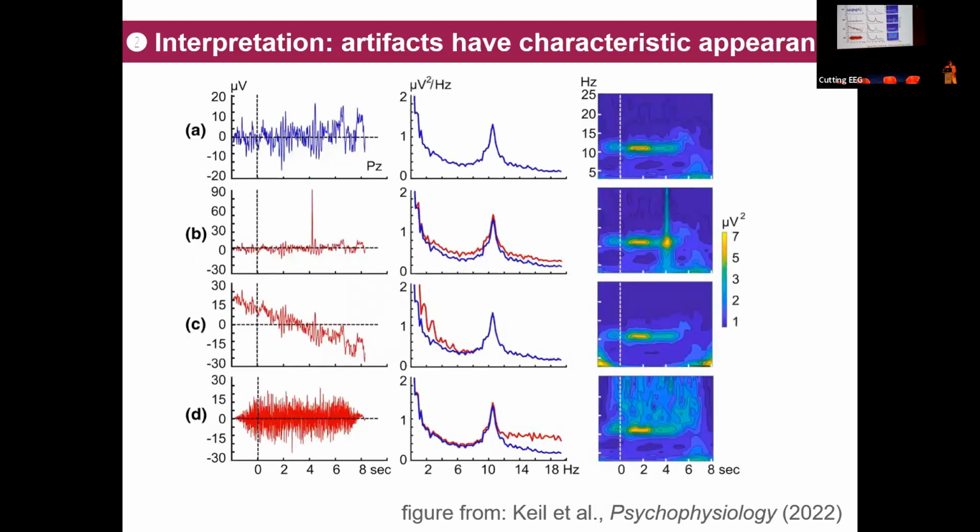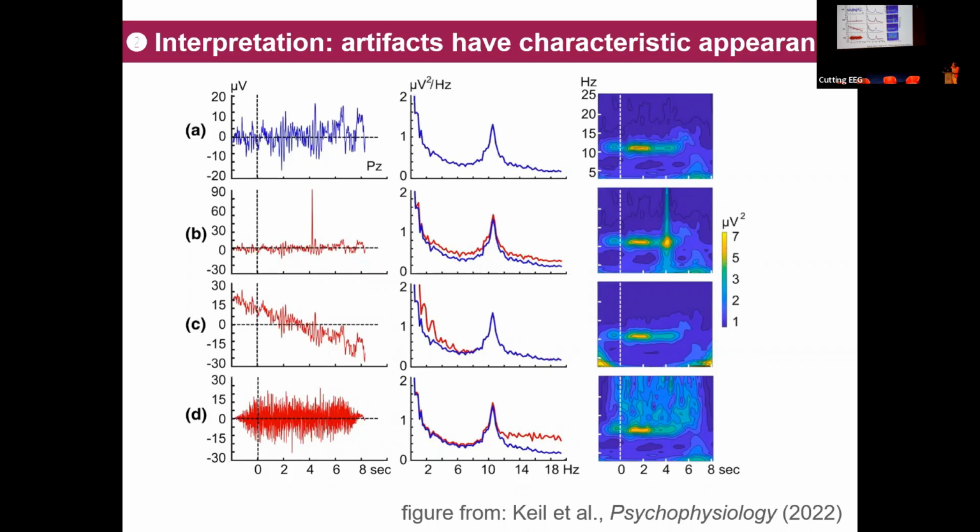At this stage, your data should already be cleaned. But still I want to highlight that also different artifacts have specific representation in the time frequency plots. So here you can see a signal, very regular alpha rhythm, which will show up here.